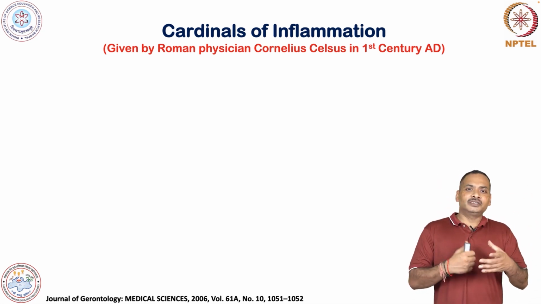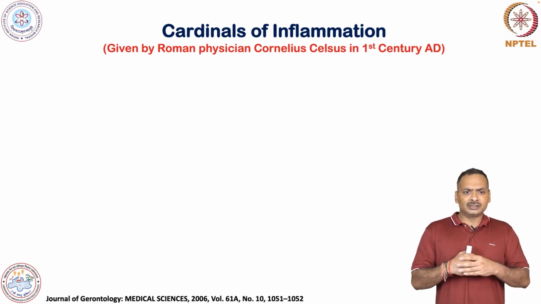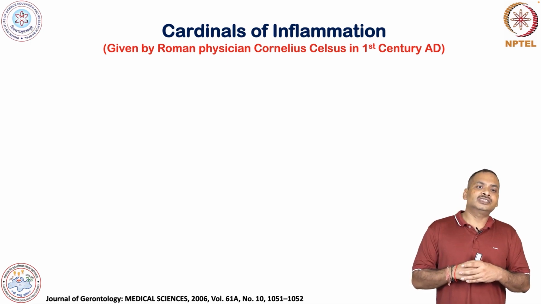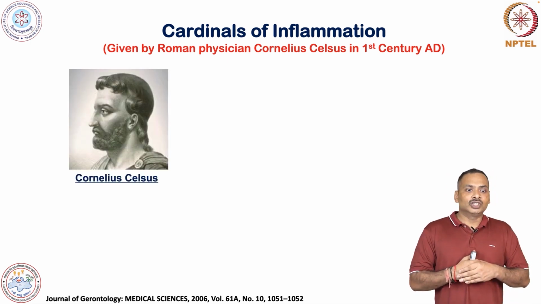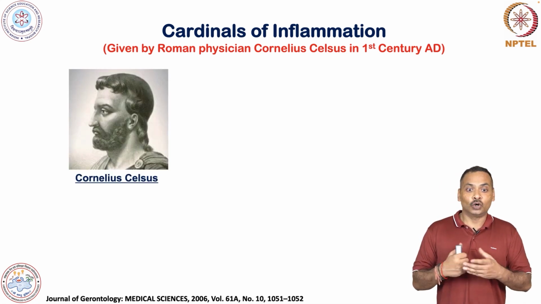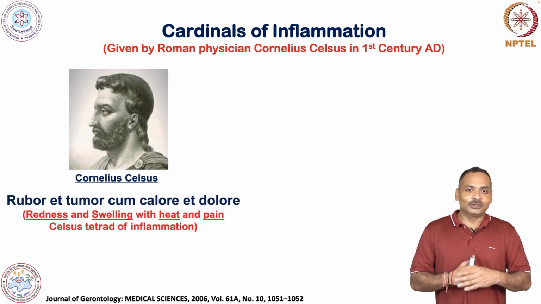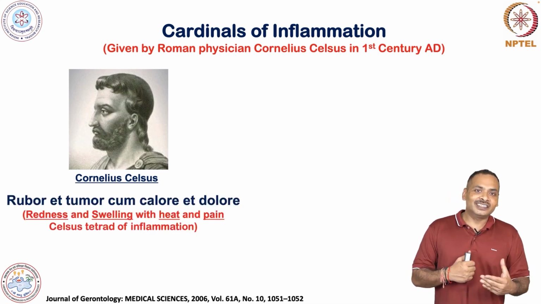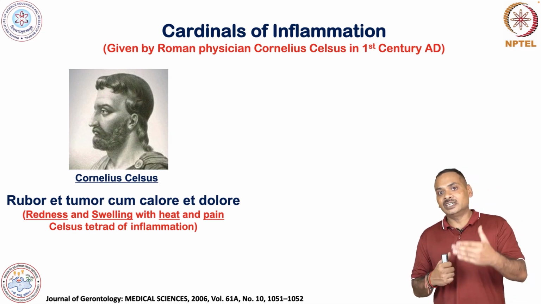Here you can see his image, Cornelius Celsus, and he gave a concept known, in Latin, as rubor et tumor cum calor et dolor. This is Latin, so don't worry, I have the English also. It means redness and swelling with heat and pain.